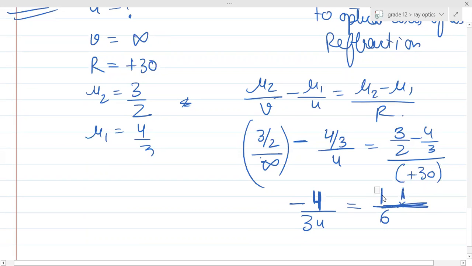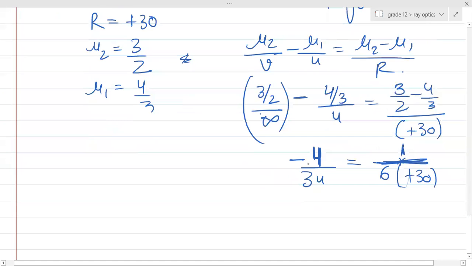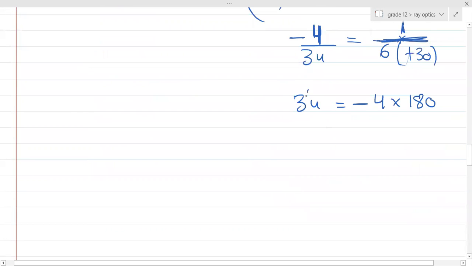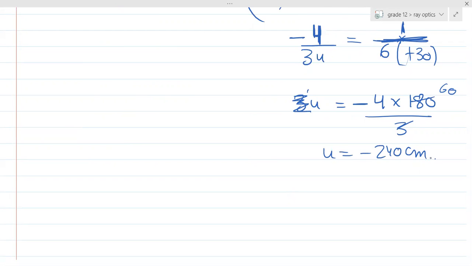So from here, 3u will be equal to minus 4 multiplied by 6 times 30, which is 180, divided by 3. Can you see the answer is minus 240 centimeters? Where did you make the calculation error? Okay, next question.